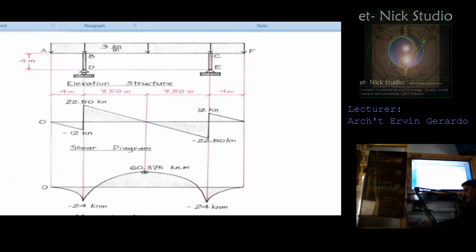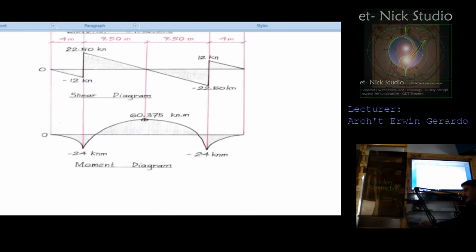So this is how important diagrams are to interpret the structural integrity of our structural members. This ends the lesson.